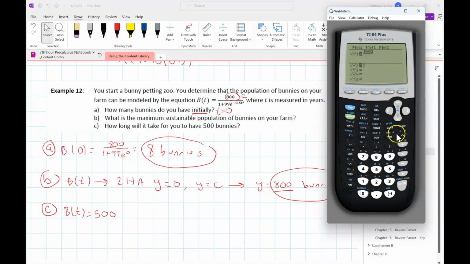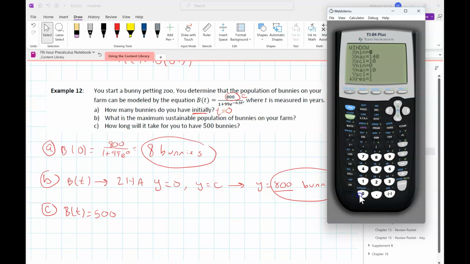So I'm going to type this B of t in exactly like it looked on my calculator. And then the other side is 500. I'm going to reset my window.